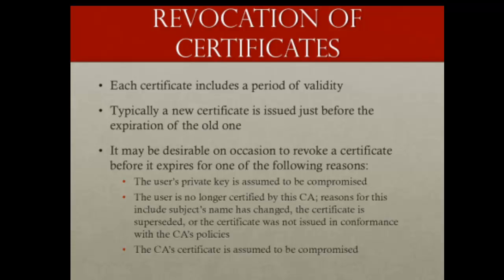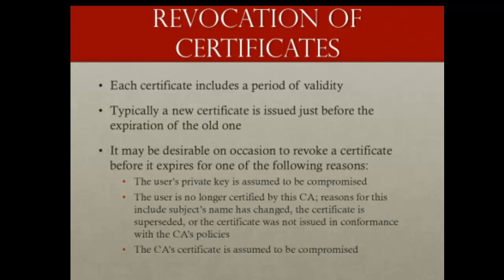Okay, let's talk about revocation of certificates. Remember, before we talked about how the certificate includes a period of validity, like a credit card when it's valid? Typically, a new certificate is issued just before the expiration of the old one. And also, we may wish on occasion to revoke a certificate before it expires for one of the following reasons. Let's suppose the user's private key is compromised.